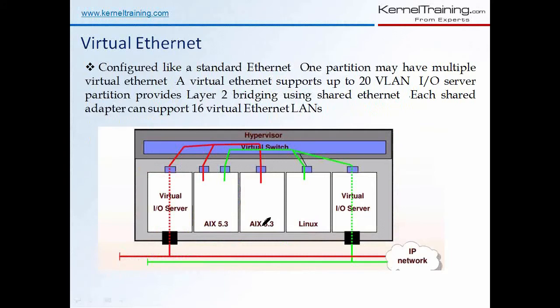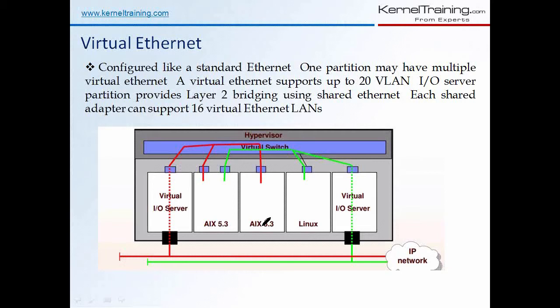Virtual Ethernet. How will I virtualize the Ethernet? It is configured like a standard Ethernet. One partition may have multiple virtual Ethernet cards. That is the benefit. My virtual Ethernet card also acts like a standard Ethernet card, and there is no cost, because I am virtualizing.